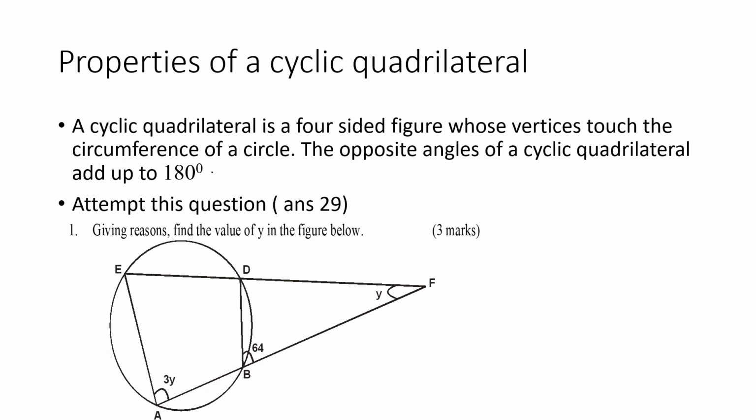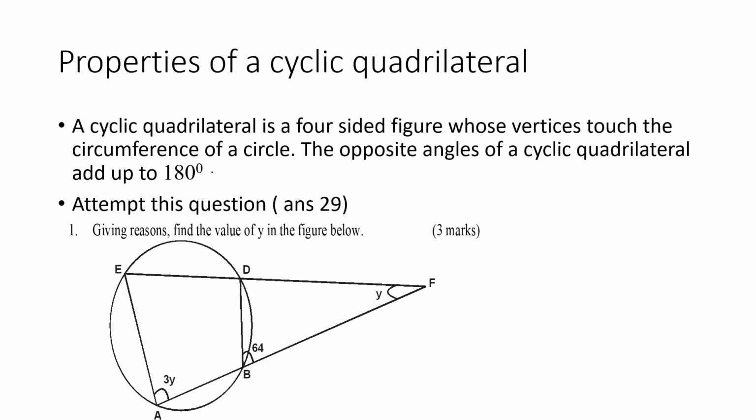Opposite angles of a cyclic quadrilateral add up to 180. And any other rules you know about plane figures. For example, the sum of angles of a triangle is 180. Basically, those are reasons. When you're asked about reasons in such a question, you are being asked to state the rules. As simple as that.